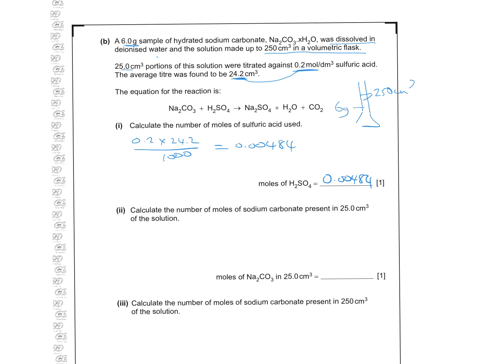And then 25.0 cubic centimeter portions of the solution were titrated. So that means that the 25.0 cubic centimeters were put into the conical flask and titrated against the sulfuric acid.